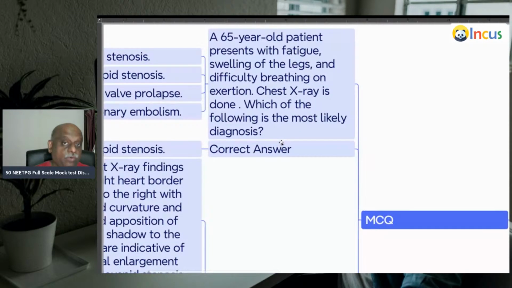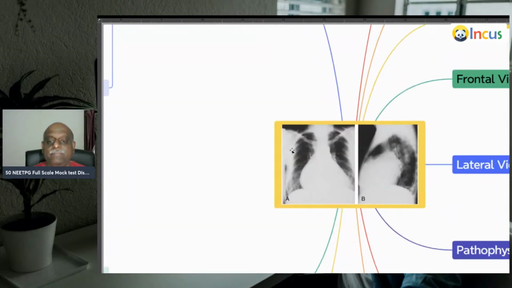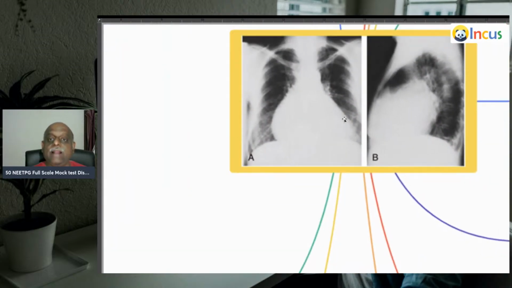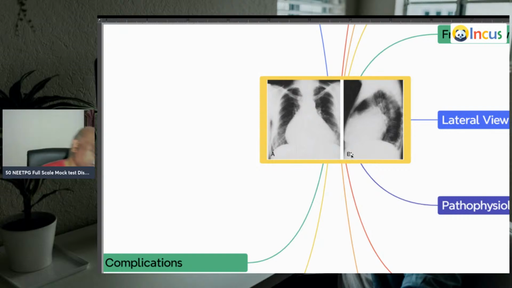A 65-year-old has fatigue, swelling of the legs, difficulty in breathing, and a radiograph has been shown to you. So what is the most anterior among the chambers of the heart, doctor? Right atrium and right ventricle are immediately behind your sternum.